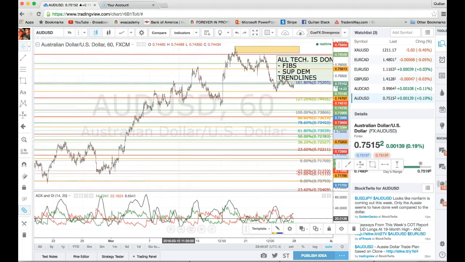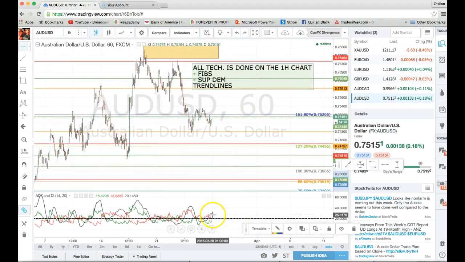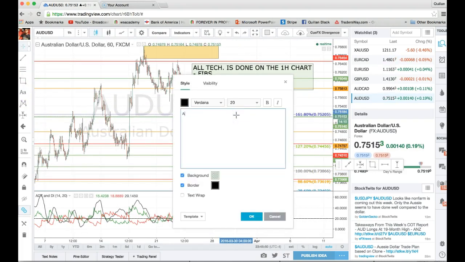Okay? And when it comes to ADX, you'll only be trading when the market is in either a bullish market or a bearish market. Let me write this down for you guys. So ADX, over 20. Black and red, over 20.